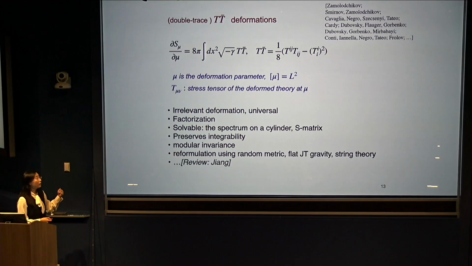This theory is solvable in the sense that if we put the theory on a cylinder, the spectrum of the deformed theory is related to the undeformed theory in a known way. And the formula is very simple.